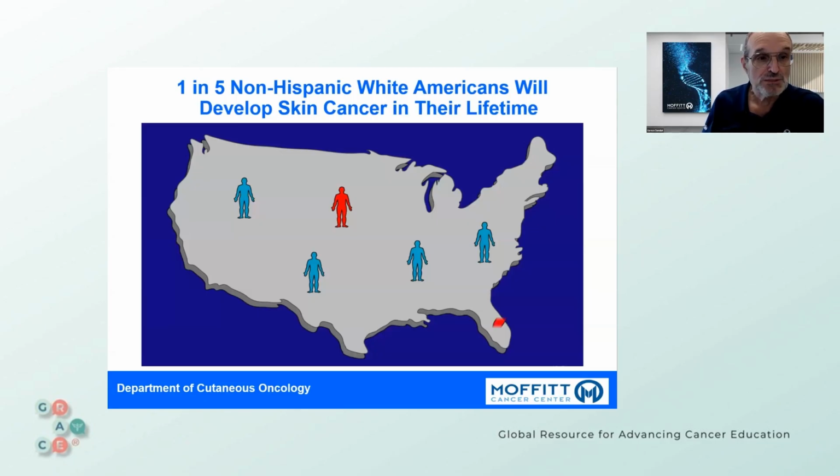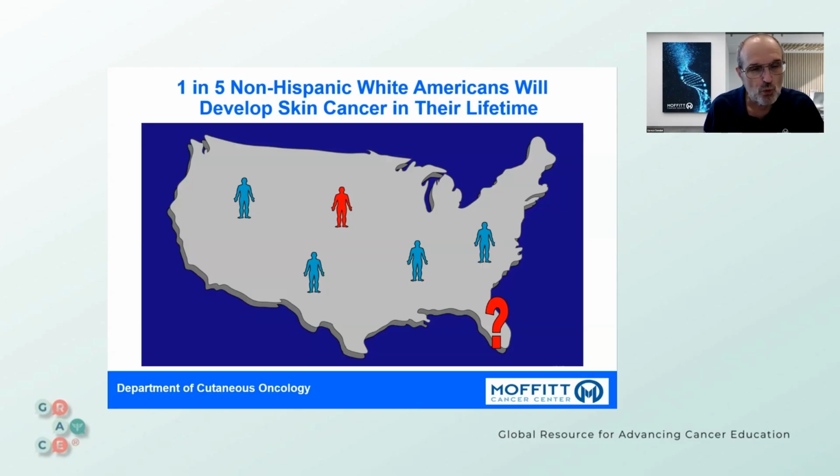That's a lot of people. In places like Florida, where I am, the southwestern United States, places where there is a lot of sun exposure, that rate is probably much higher than 1 in 5. So this is a really common problem.